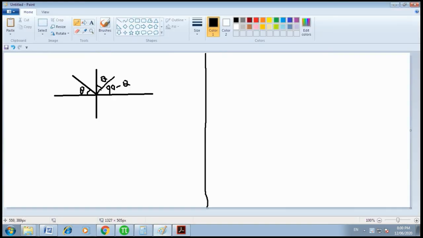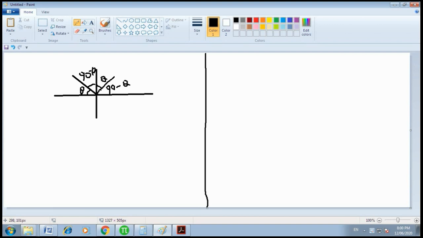See, this is the theta made by the pressure force. The remaining angle will become 90 minus theta, because the whole is 90. Please understand, 90 minus theta.